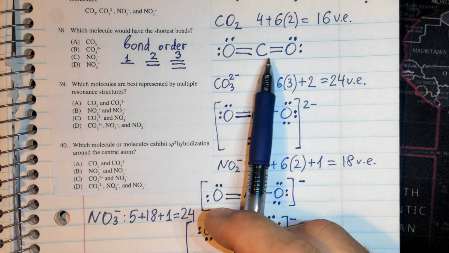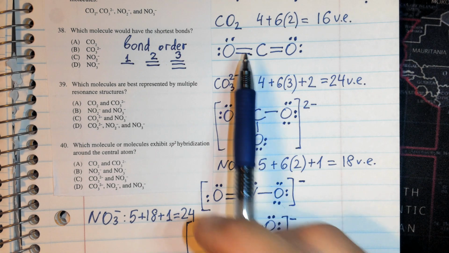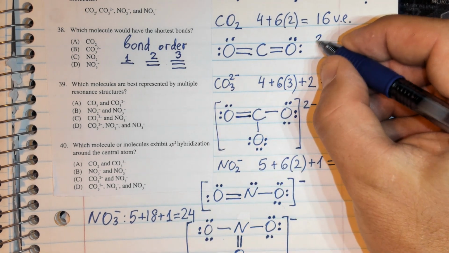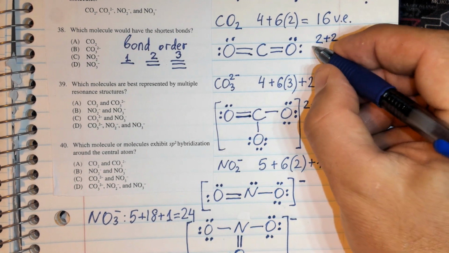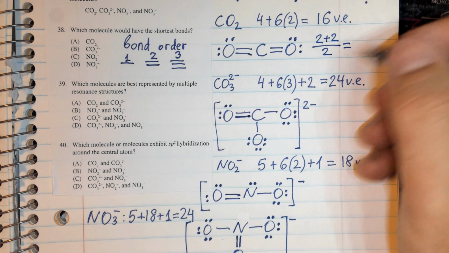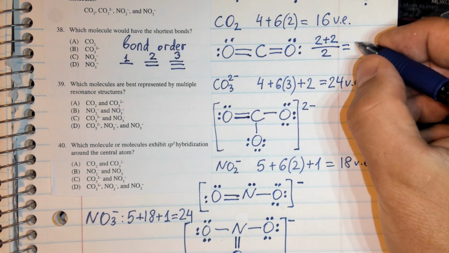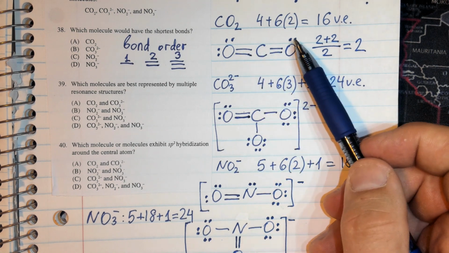So let's look at carbon dioxide. It has 2 double bonds. So that's 2 for each bond, 2 plus 2, divided by the total number of bonds, that's 2 bonds. So the average bond order in the molecule is 2, which is self-explanatory because it only has double bonds.